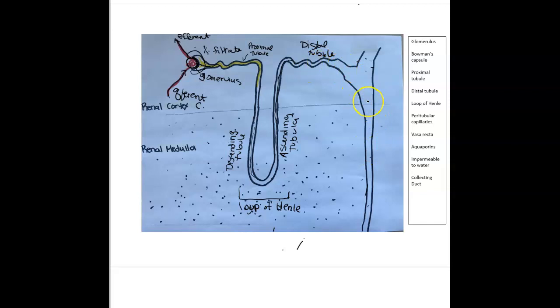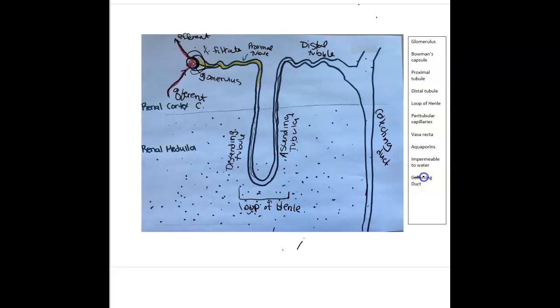So the filtrate that makes it through this whole loop of Henle and the tubules is going to be collected here in the collecting duct. And the collecting duct is going to lead to the renal pelvis. So all of the filtrate that makes it through these nephrons is going to be collected and then sent out.